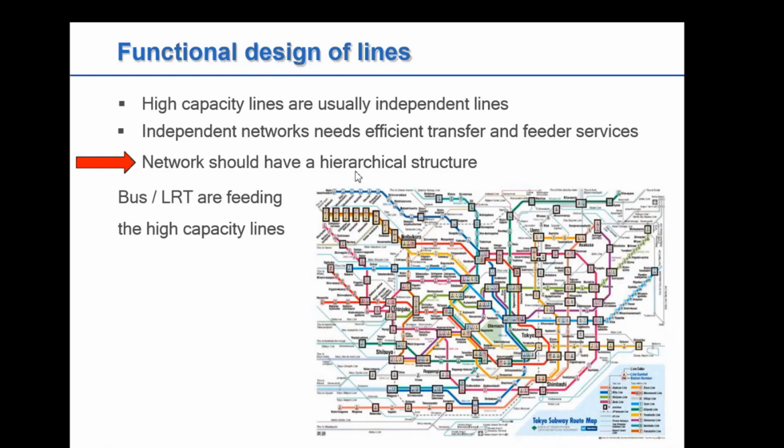Okay, a typical example you can see here from the Tokyo subway station map, how different links are divided or connected across the whole city. So this is the one way through which we can reduce the inconvenience of the traveler through functional design.